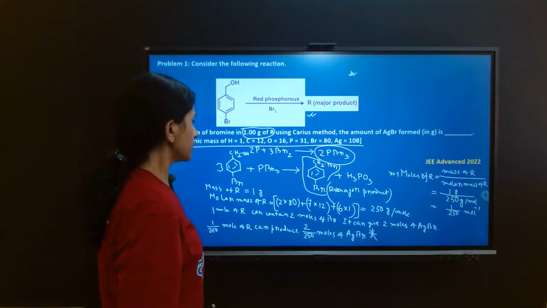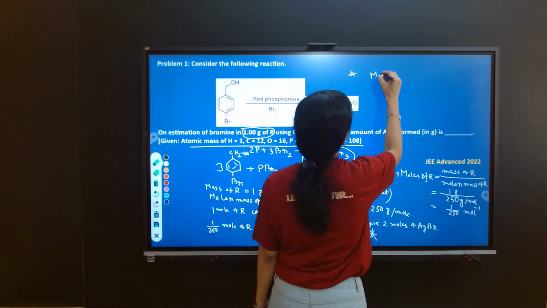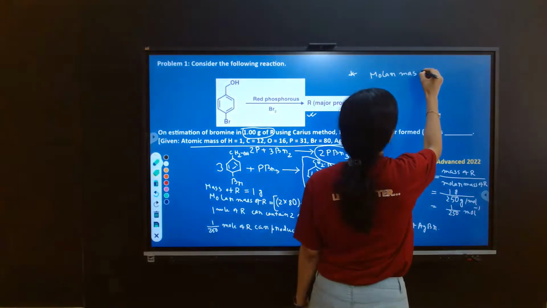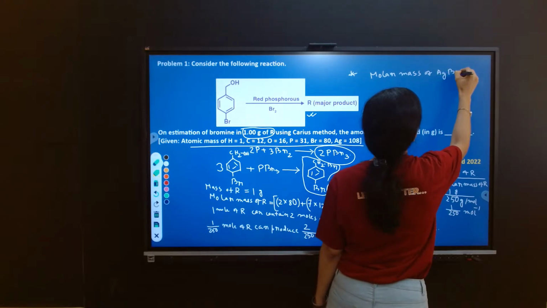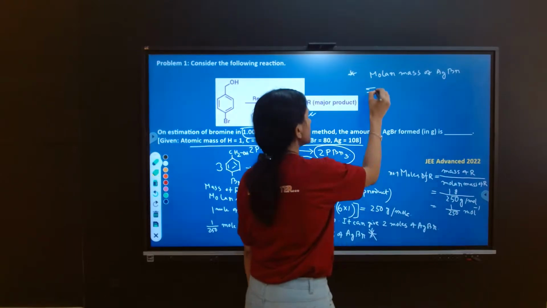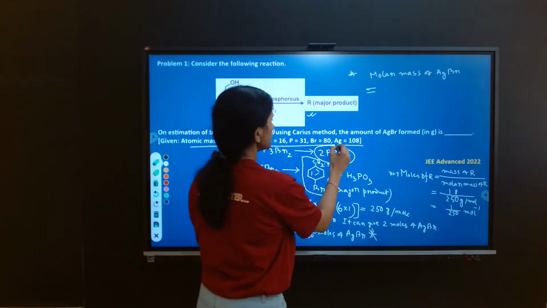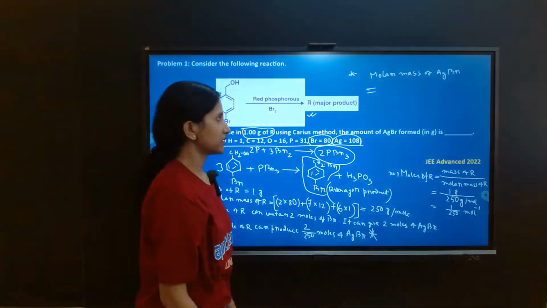Now we have to calculate the molar mass of AgBr. The molar mass of AgBr can easily be calculated from the atomic masses. For silver it is given as 108 and for bromine it is given as 80.